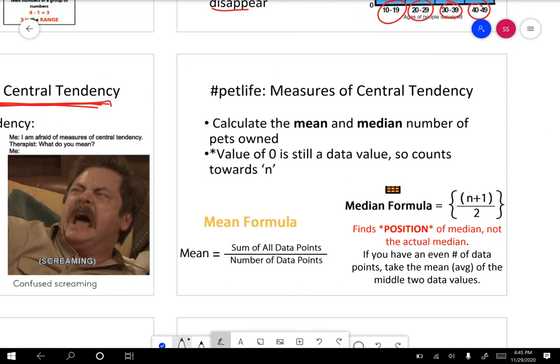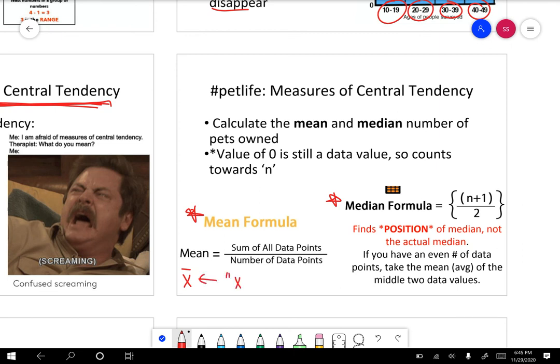So I have posted the formulas here. If you need to pause the video and write this down, that'd be a great idea. These are very important things to know. So let's start with the formula for the mean or the average. There's a couple different symbols you might see that represent the mean. One of them is what we call X bar. X bar also just means the mean or the average.